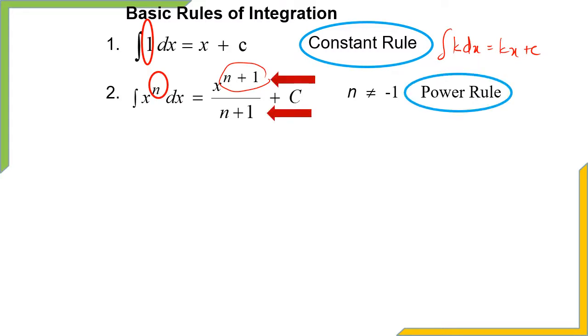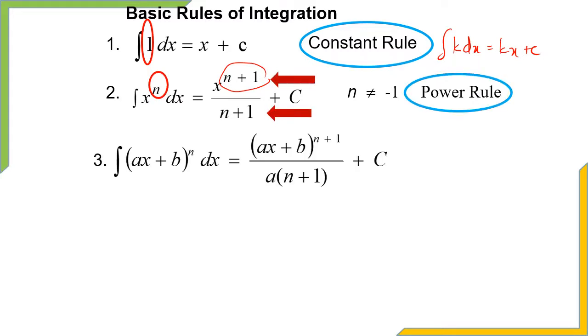The third one is if we have an expression inside the bracket in the form of a linear expression. So it should be (ax plus b) all to the power of n. We can't have another form, let's say ax squared plus bx plus c. No, we cannot. It's only a linear expression all to the power of n.